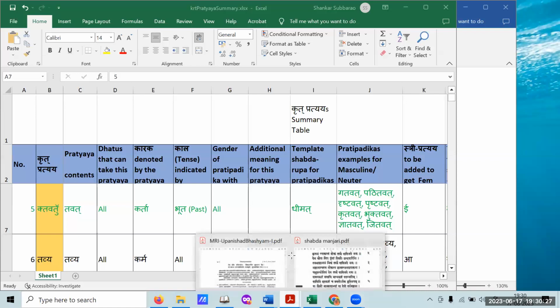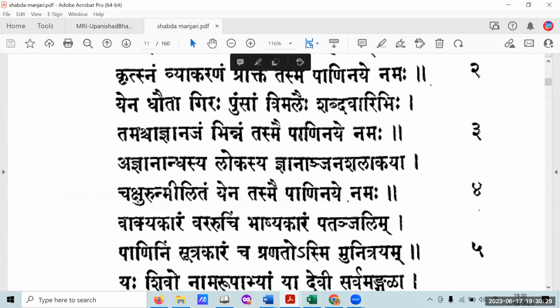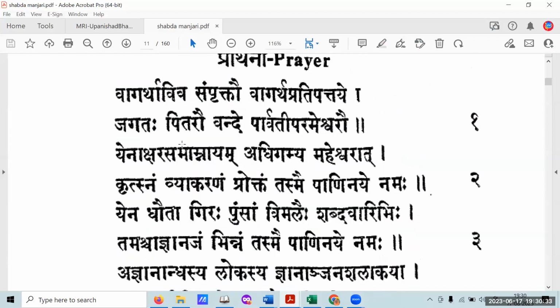So say for example, look at this sentence now. Here we don't have a compound, but we'll look at its name. Vagartha iva sampriktau.